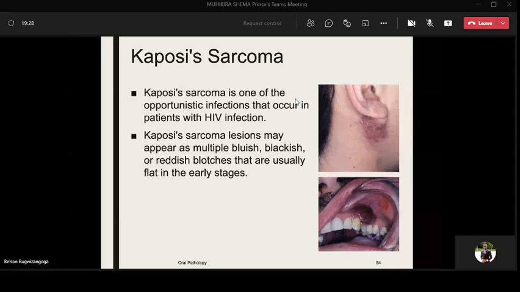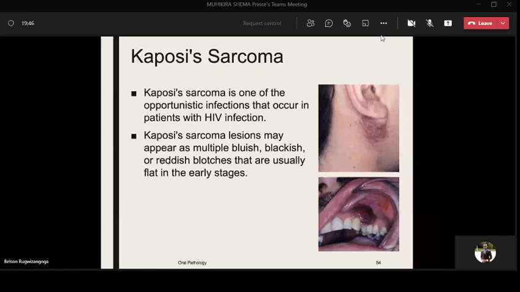So the nodular stage is the last stage of this disease. And you understand, for treating this one, if it is advanced to the nodular stage, it will be more difficult to treat as compared to the plaque or patchy stage.